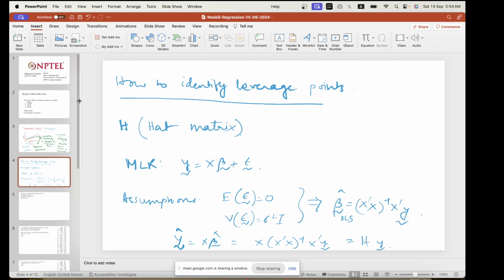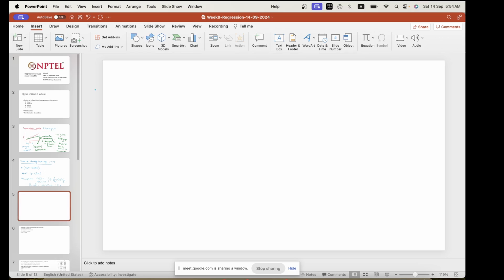We also learned a few more properties: the residual is actually nothing but (I minus H) into epsilon, and the variance of the residuals is sigma square into (I minus H).